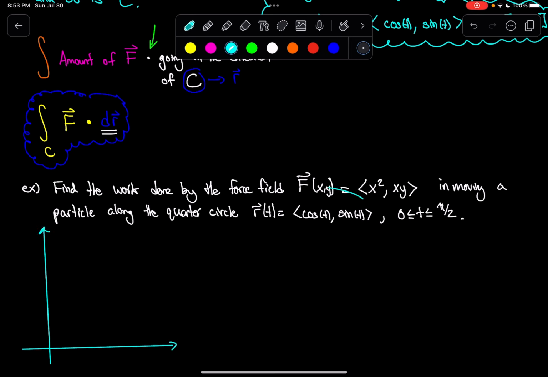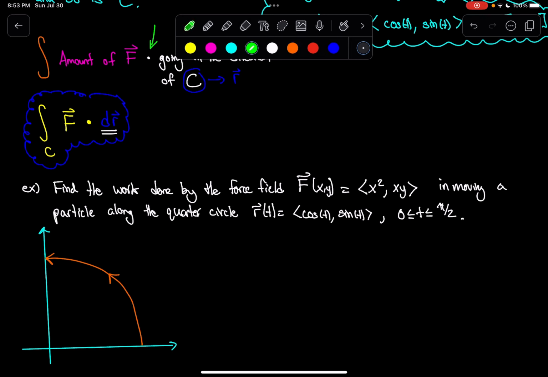Now, because we've worked with this particular parameterization of the unit circle a lot, this is a positively oriented path. I don't think I can just draw a quarter circle, so I'll just do this. It's the first quarter of our unit circle. And our vector field is doing some amount of work, okay?